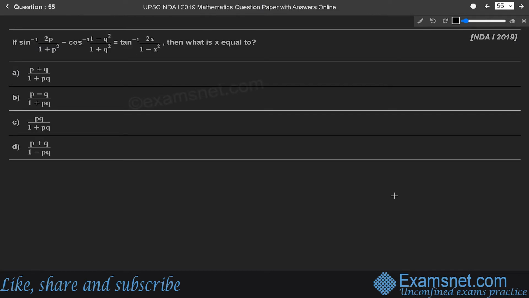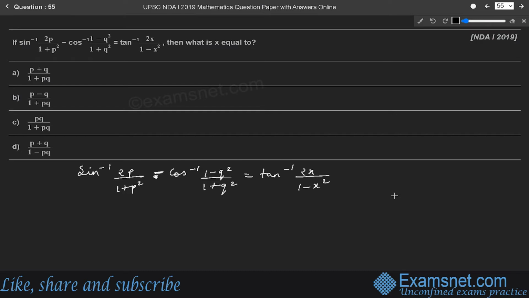Next question is, if sine inverse 2p upon 1 plus p square minus cos inverse 1 minus q square upon 1 plus q square is equal to tan inverse 2x upon 1 minus x square, then what is x equal to?